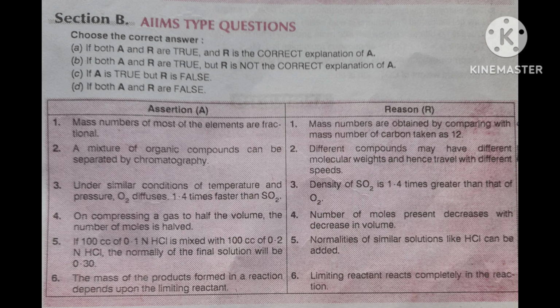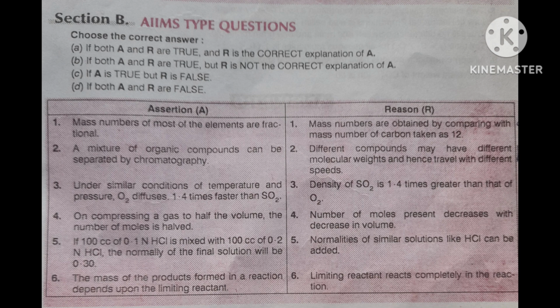This is actually correct, because 100 cc and again 100 cc, total volume will be 200 cc. Then 0.1 plus 0.2 is 0.3, divided by 2, then it will be 0.15.